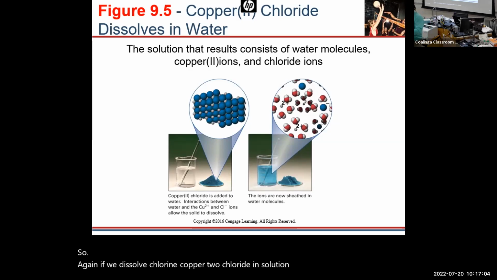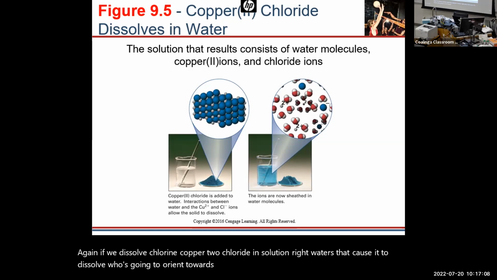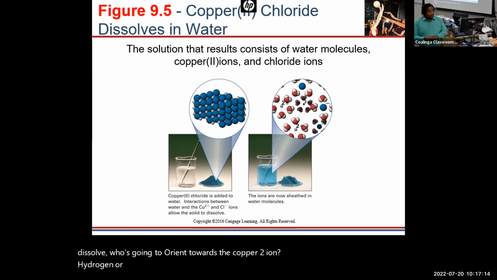Okay, so again, if we dissolve copper(II) chloride in solution, water is going to cause it to dissolve. Who's going to orient towards the copper 2 ion? Hydrogen or oxygen in water? Oxygen. Why? It's more electronegative, or it's going to be partially negative. That's right.